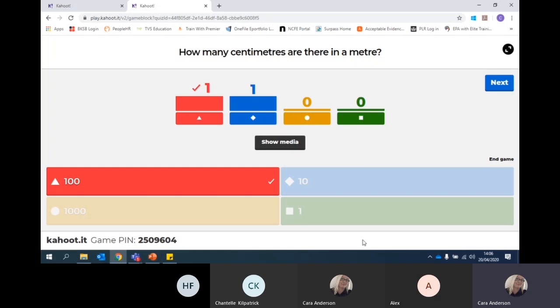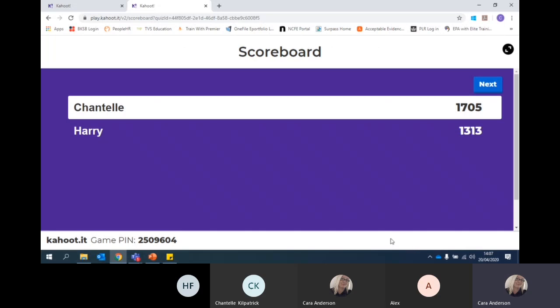There's roughly 3, so that means there's 3 times 30. Closer to that is 100. Obviously in there I did have 10, 100 and 1,000. But that is definitely one of the most important ones that you need to remember, because it's probably one of the most likely ones to come up. So meters and centimeters, there's 100. So you got it right. Okay, well done, Harry.